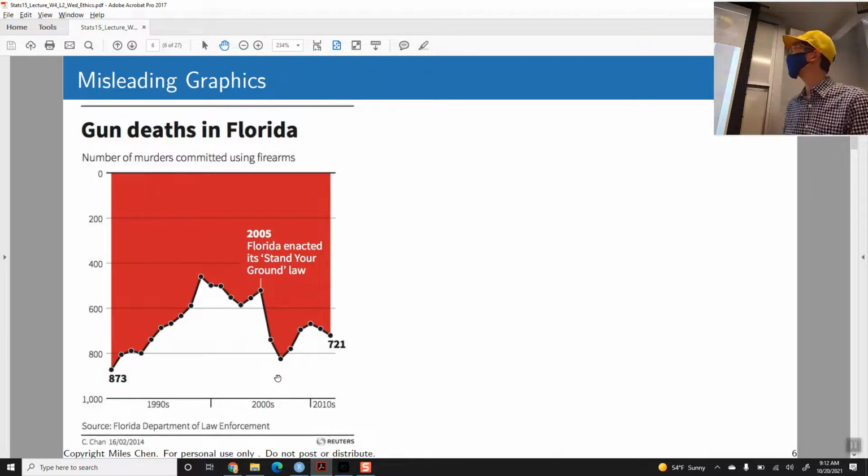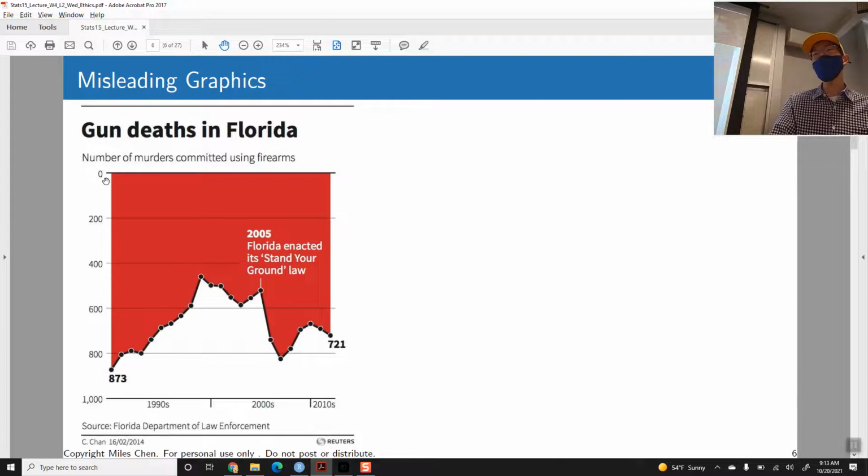And it says gun deaths in Florida. It says that in 2005, Florida enacted its Stand Your Ground law. And what does it look like? It looks like immediately after 2005, there's a sharp change and it goes down, okay? However, if you look carefully at the graphic, how are the numbers measured?